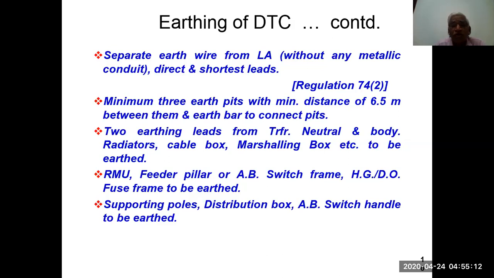That means two earthing leads from the transformer, and the body, radiator, cable box, marshalling box, etc. are to be earthed. The RMU and feeder pillars or AB switch frame, HG fuse and fuse frame are to be earthed, and supporting poles, distribution box and AB switch handle are to be earthed.